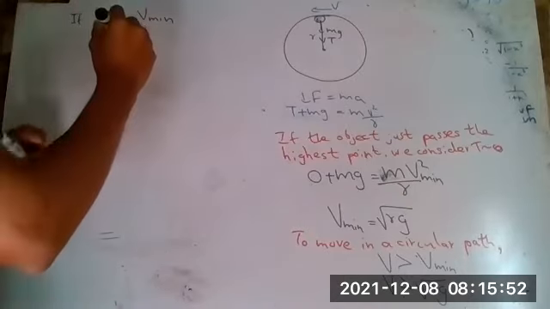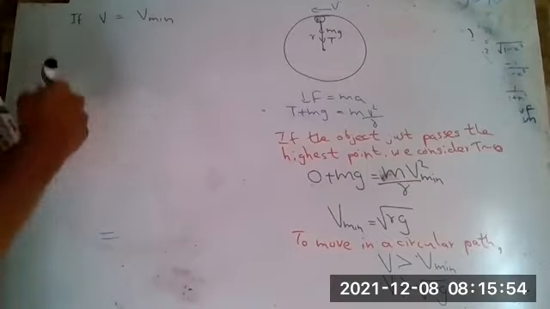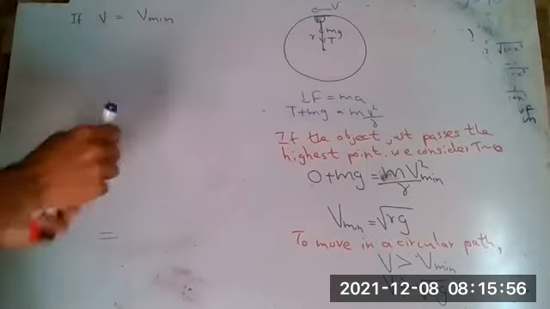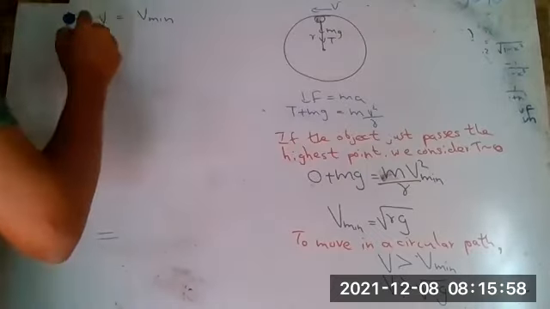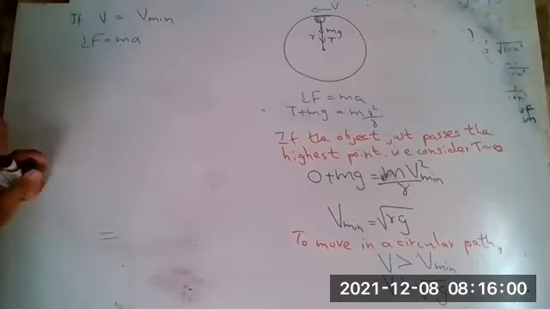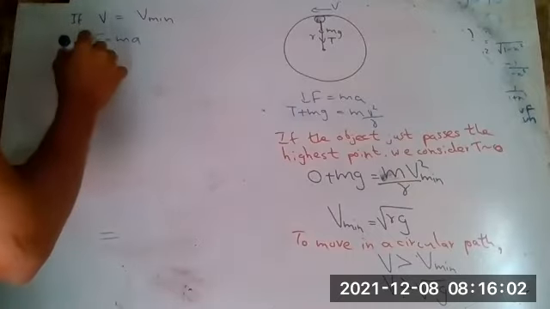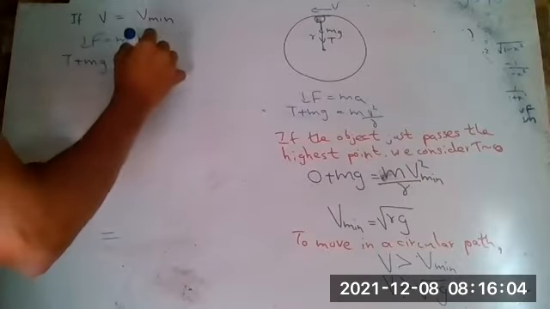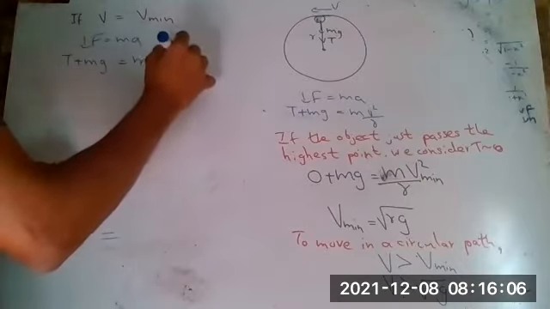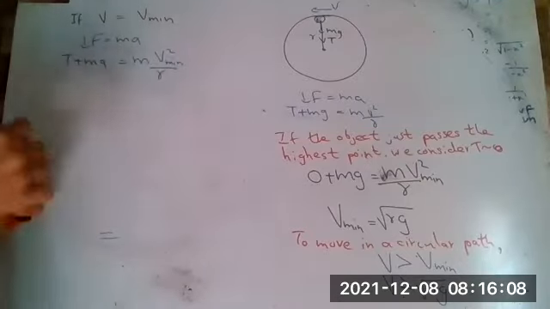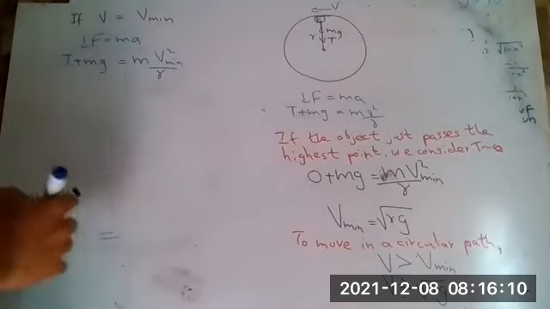Now F equals ma, we'll apply F equals ma. Downward, T plus mg equals m v min squared over r.